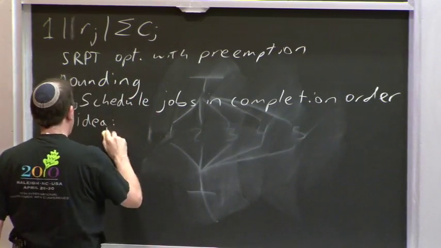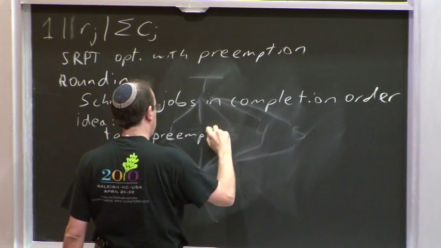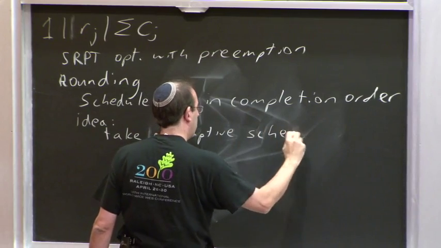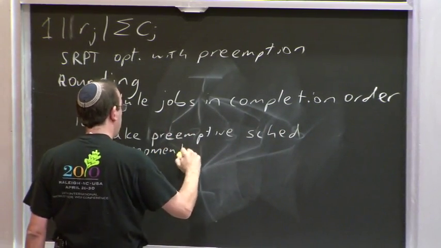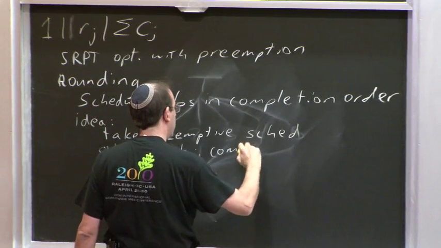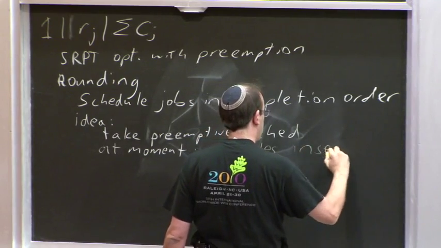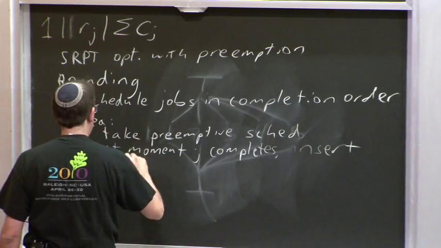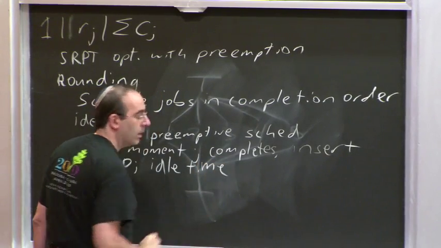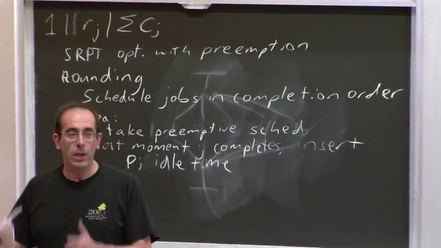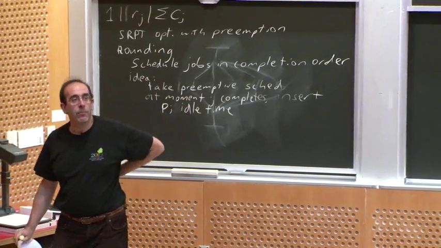I'm going to take the preemptive schedule, and then at the moment that J completes, I'm going to insert PJ idle time. So I'm going to take this schedule and add empty space in the schedule.